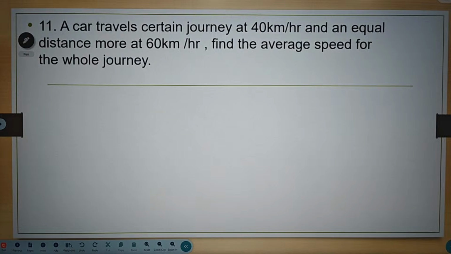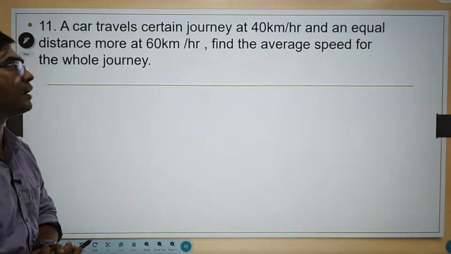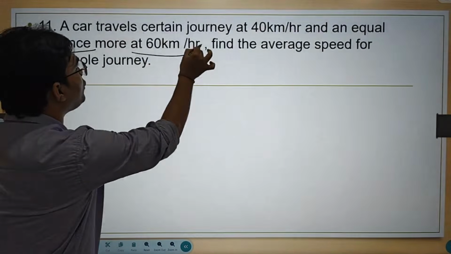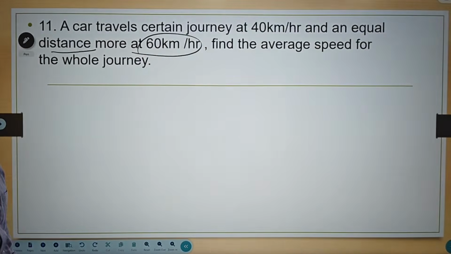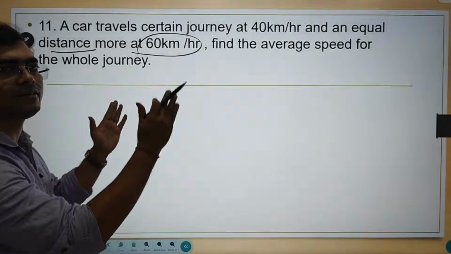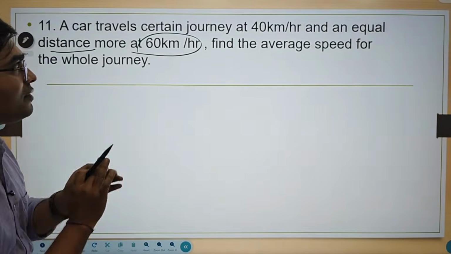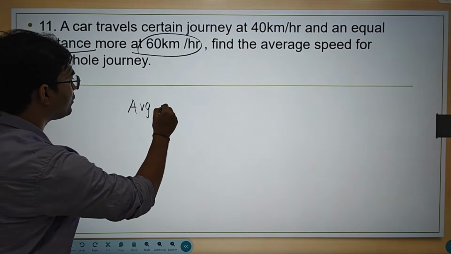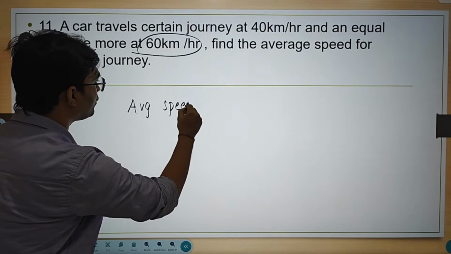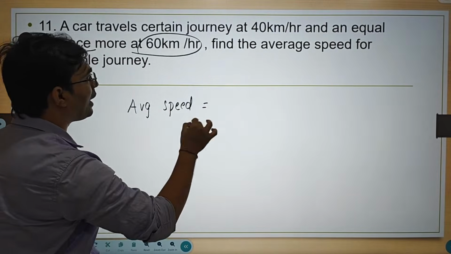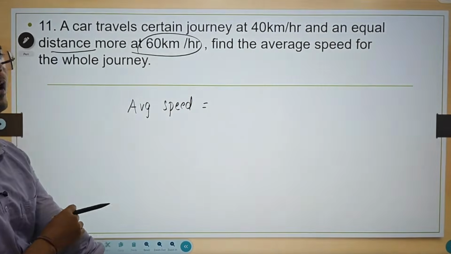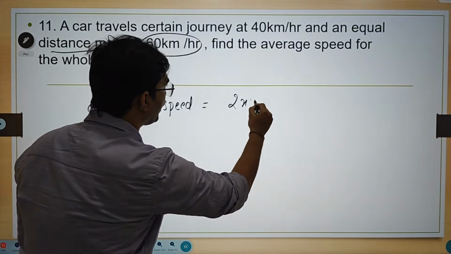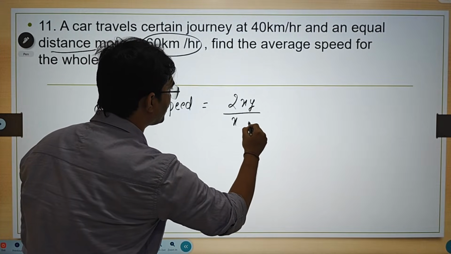A car travels a certain journey at 40 kilometer per hour and an equal distance more at 60 kilometer per hour. Right? So can we say that distance is fixed in both the cases? When the distance is fixed in both the cases, then what is the value of average speed? Average speed will be equal to 2 divided by 1 by x plus 1 by y, or if you calculate, this becomes 2xy divided by x plus y.